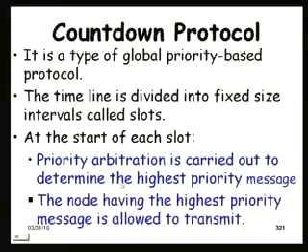Every slot to start with has an arbitration period, and at the end of the arbitration period it will be known which node has the highest priority message, and that node will be allowed to transmit.